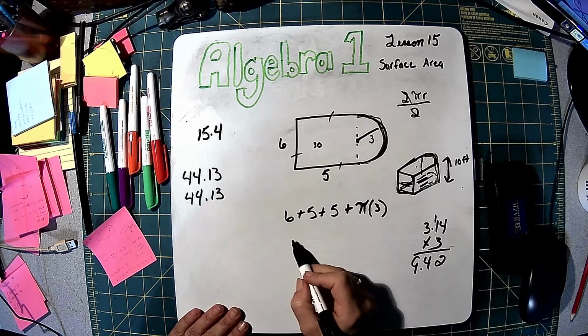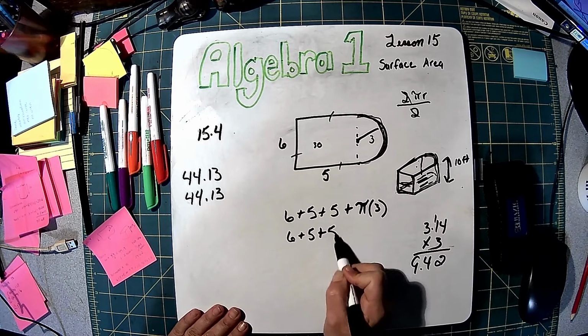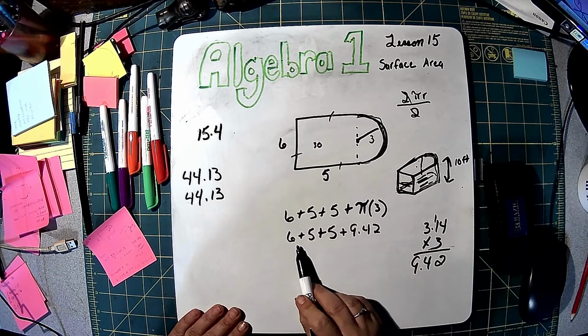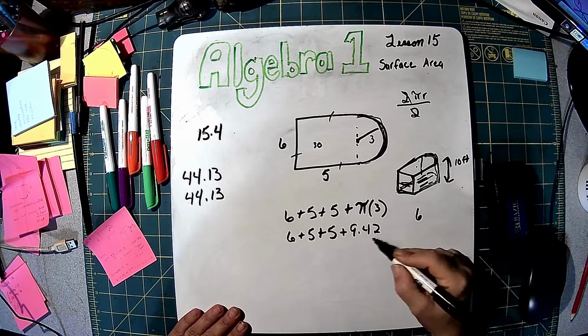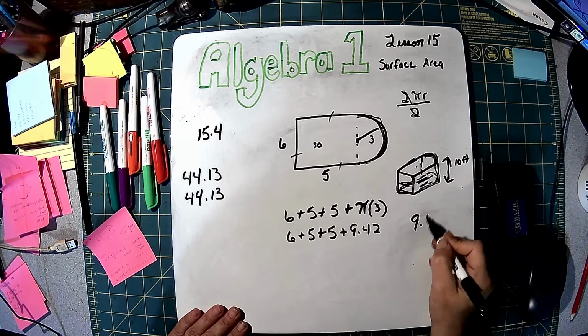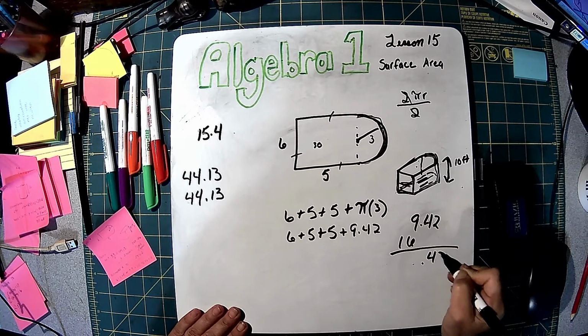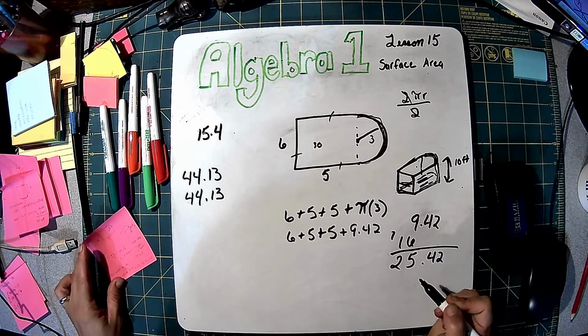Okay, and so pi times 3 would be 9.42. So we'd have 6 plus 5 plus 5 plus 9.42. 5 and 5 is 10, that would be 16 for all that, 9.42 plus 16 is 25.42.